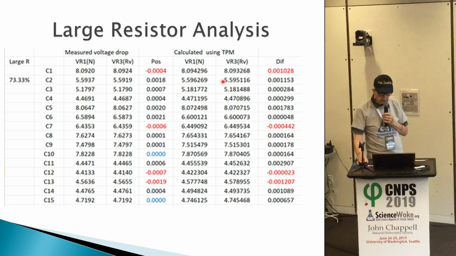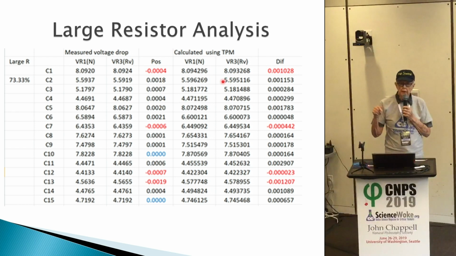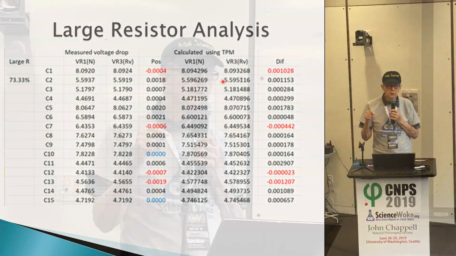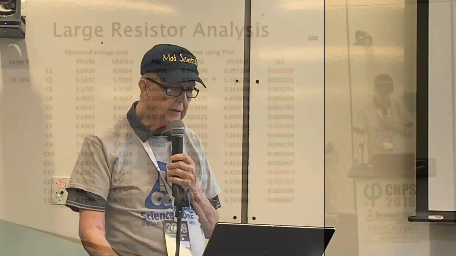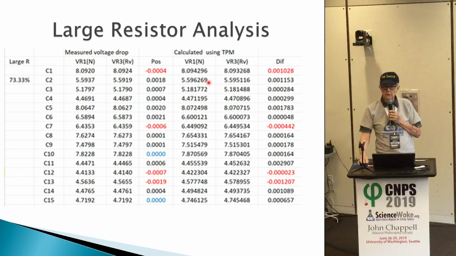But then I went to that same spreadsheet I showed you for each of those sets. I plugged in the voltages and the resistor values that I measured, and I had the circuit equations calculate the voltage drop.